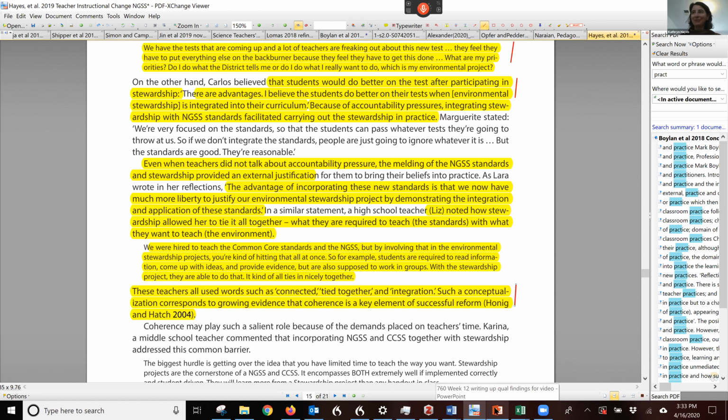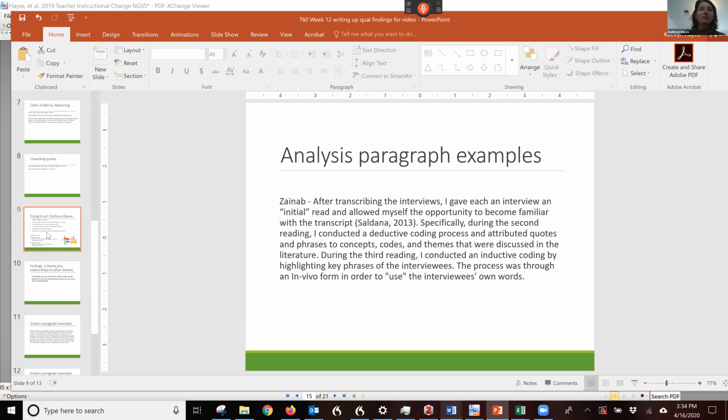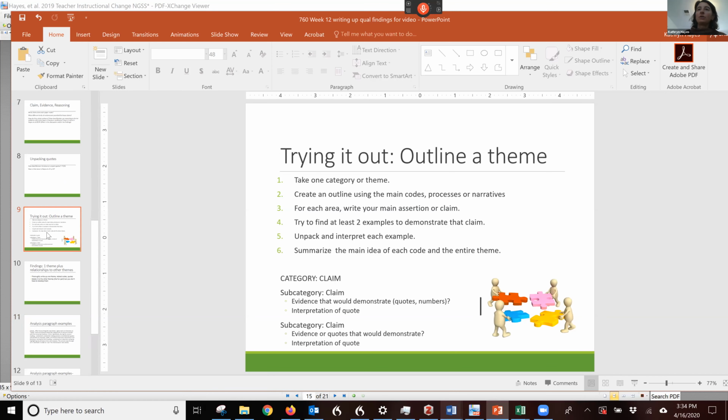So hopefully in your findings, I will see this kind of pattern where you have a claim, you're providing some evidence, you're unpacking the evidence a little bit, and then in your discussion, at least, you're tying it back to theory. So if you'd like to, right now, you could take a moment to try it out.